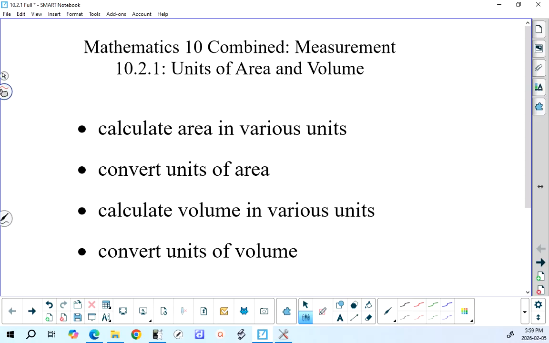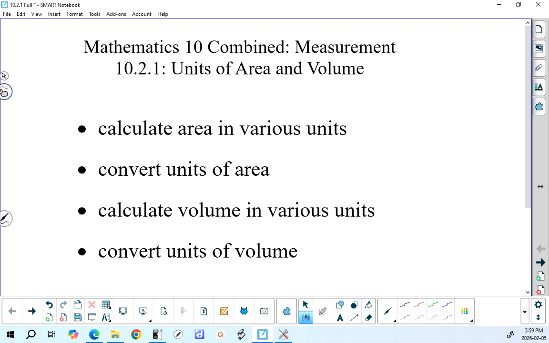We're looking today at working with units of area and volume, and we're going to be calculating what I would refer to as basic areas and basic volumes. I'll explain what basic means in just a few minutes, but we're going to be using different units. And we're going to be looking at how we can convert units of area to a different set of units of area.